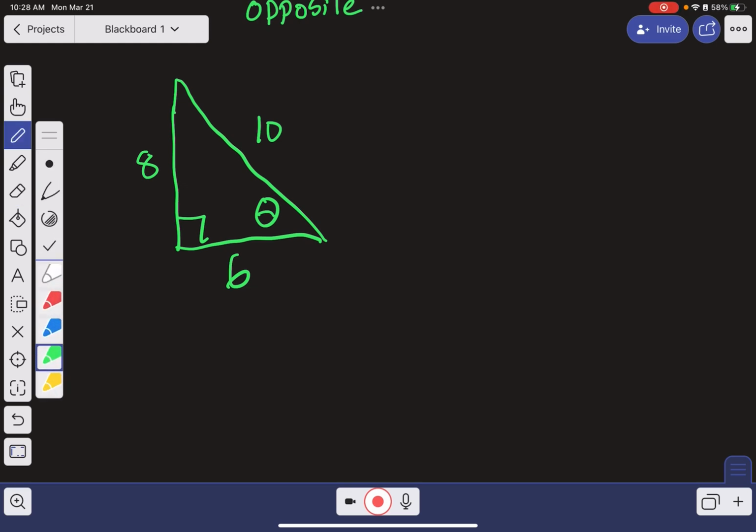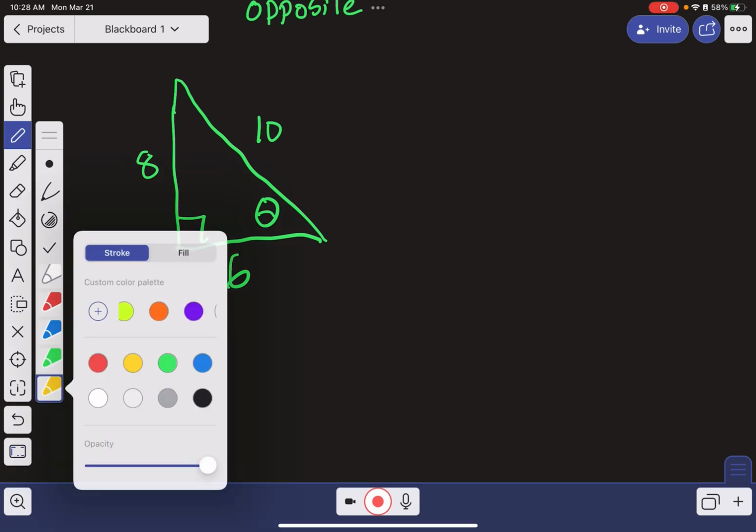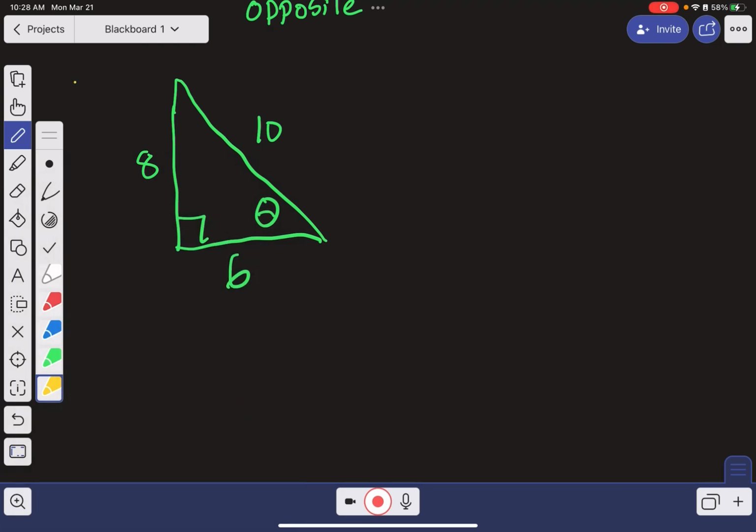The way I like to do these is to always identify the hypotenuse first. The hypotenuse is the longest one, and it's the one across from the 90-degree angle. So 10 is the longest one, it's across from the 90-degree angle, so I'm going to label that with an H. The next thing I like to do is say, okay, here's my theta angle, here's the hypotenuse that goes with it, here's the other one that goes with it.